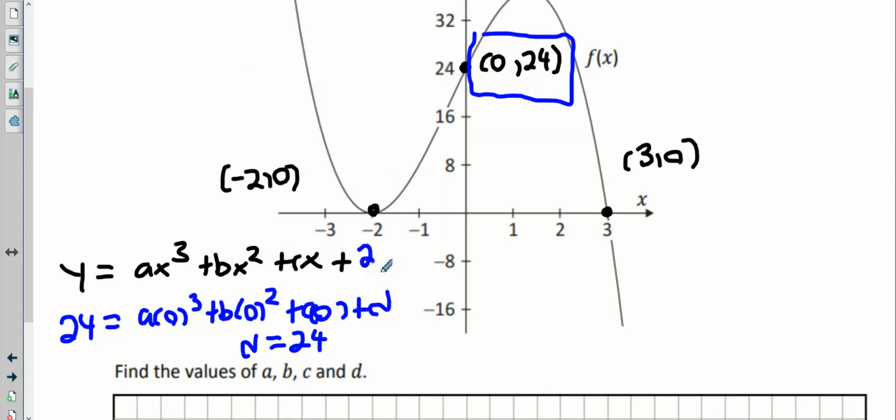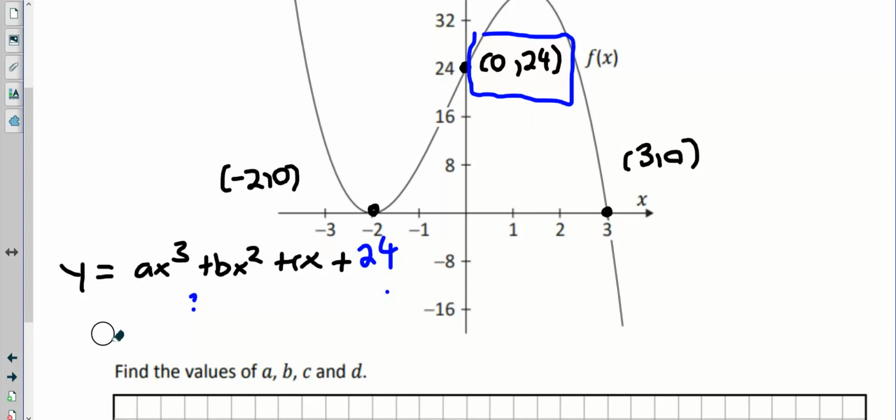Okay, now, next part. Let's see if we can get any further with this. Next thing I'm going to do is sub in another value. Which value will I sub in this time? Your choice. Sub in 3, 0. So the x value is 3, but the y value is 0, is it? Okay, let's find out what happens.